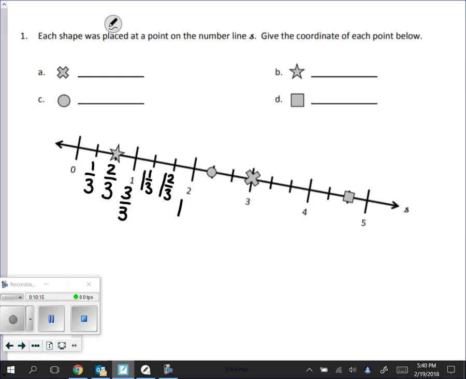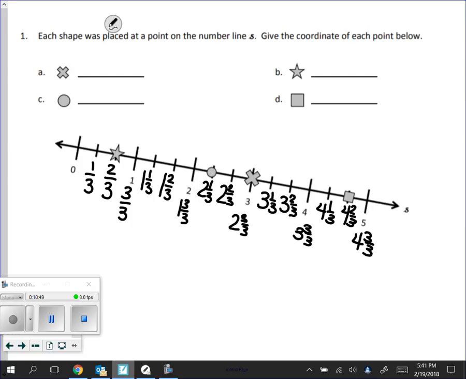This is 1 and 3/3, which is why it's 2. 2 and 1/3, 2 and 2/3, 2 and 3/3, which is why it's 3. 3 and 1/3, 3 and 2/3, 3 and 3/3, which makes it 4. 4 and 1/3, 4 and 2/3, 4 and 3/3 makes it 5.